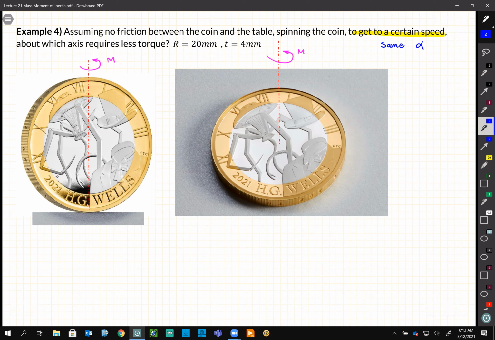Because omega is always equal to alpha t. So let's say I want to apply a torque. So these two start spinning, and in 1 second, I want them to get to the same speed.